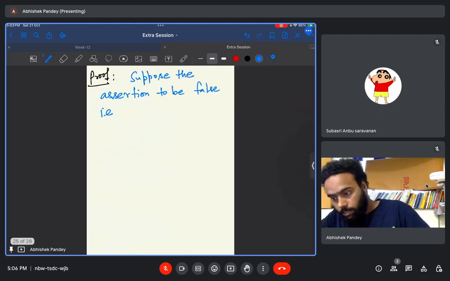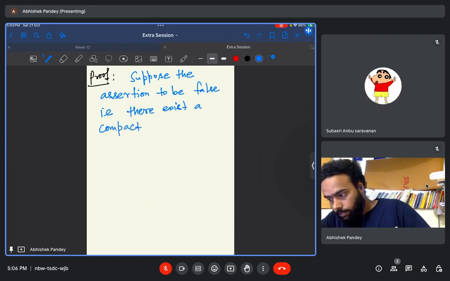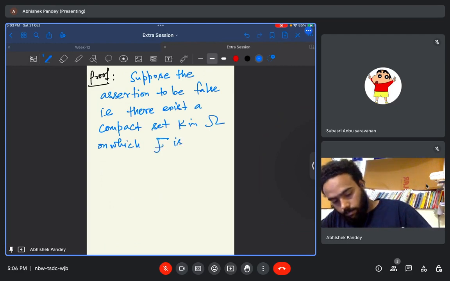That is, there exists a compact set K in omega on which F is not uniformly bounded.